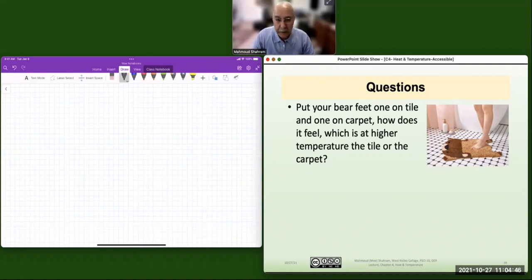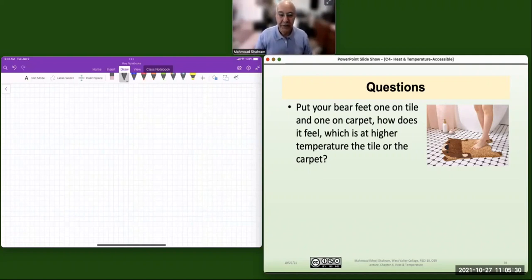Your foot is hotter than the tile and hotter than the carpet. Heat goes from hot to cold. It sucks the heat from your foot to the tile very easily.